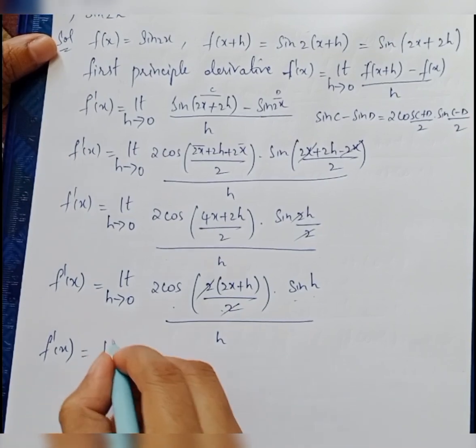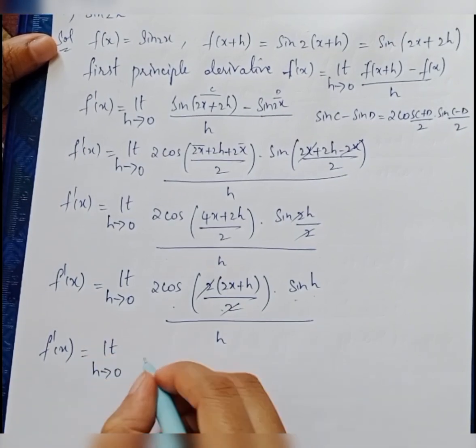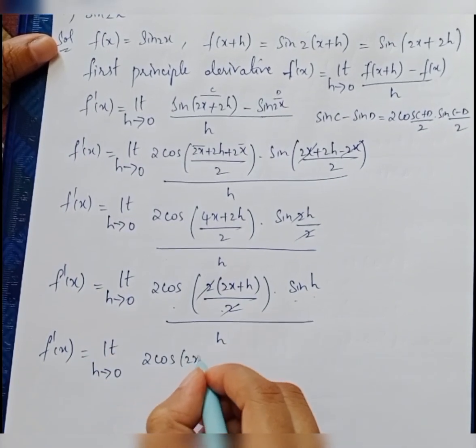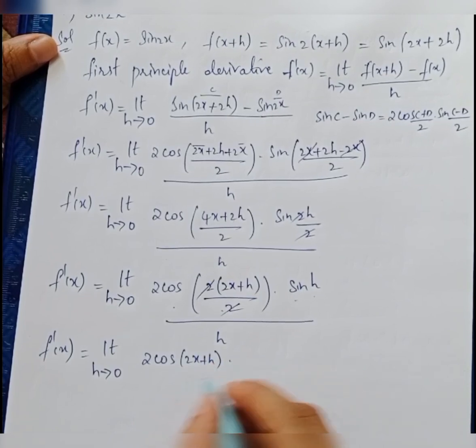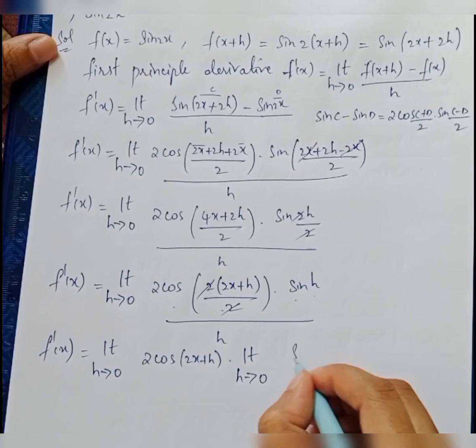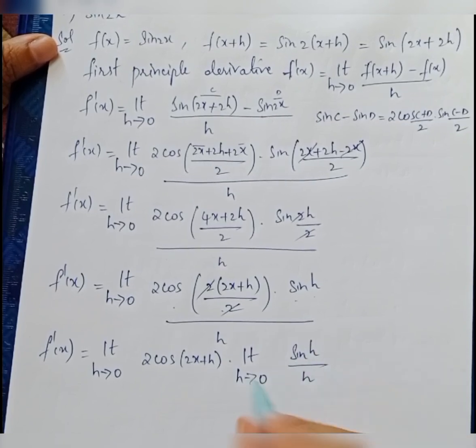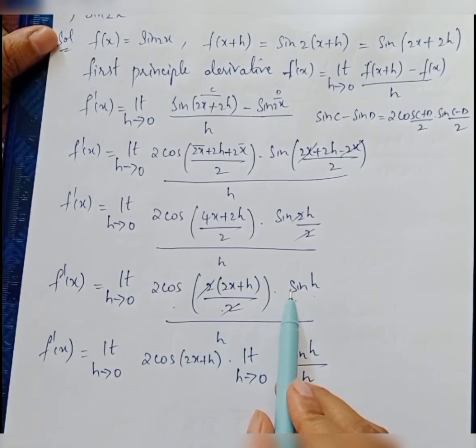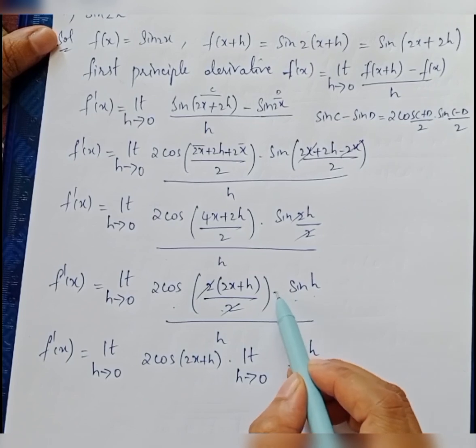So it is limit h tends to 0, 2 cos(2x + h), into, writing the limit for this term also, limit h tends to 0 sin h by h. This h is for both, right, because it is in multiplication.